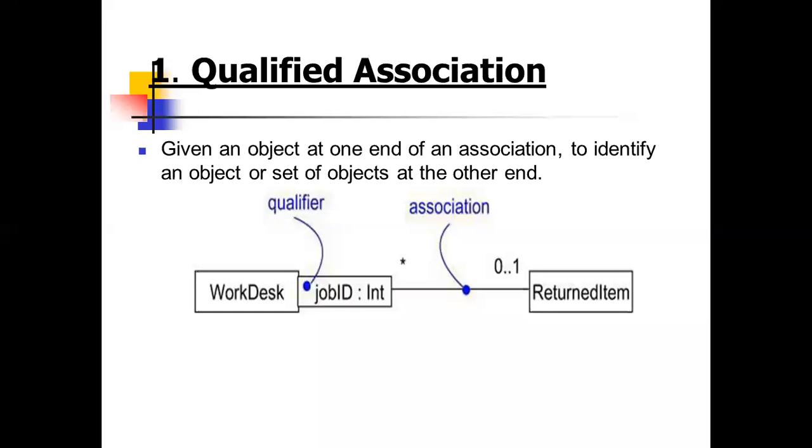In a qualified association, a qualifier partitions the set of objects across an association. The qualifier rectangle is a part of the association path. It is not part of the class; it is part of the association path.